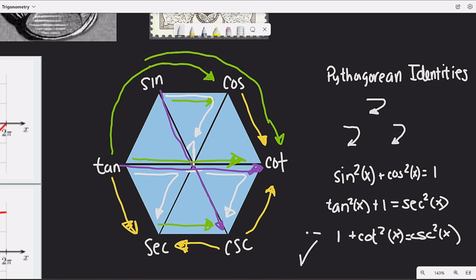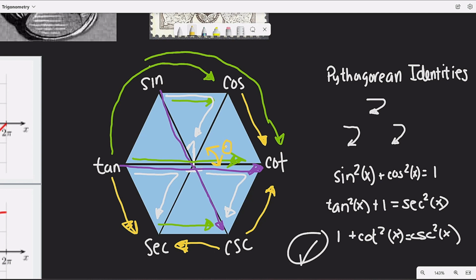Boom, in one simple diagram, we were able to go through 5 different trig identities. And of course, you know about the inverse to find the angle. So imagine we knew cosine and cotangent, but we didn't know the angle theta.